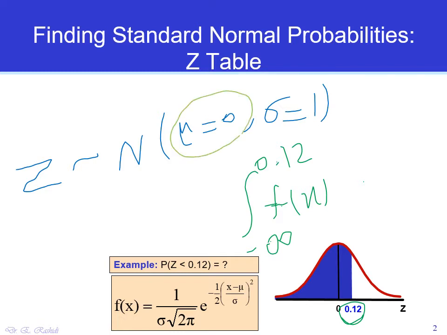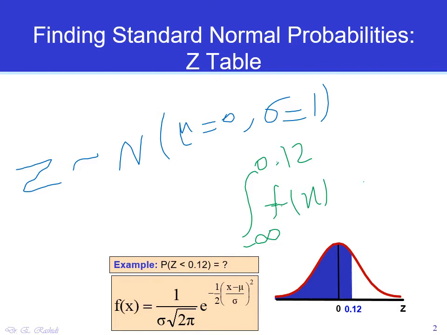Mu is 0, so we replace this mu with 0, and sigma is 1, so this would be 1, and this one would be 1 also. After we do that, we can find the probability. But that's not an easy task to do. It looks difficult, time consuming and tedious.